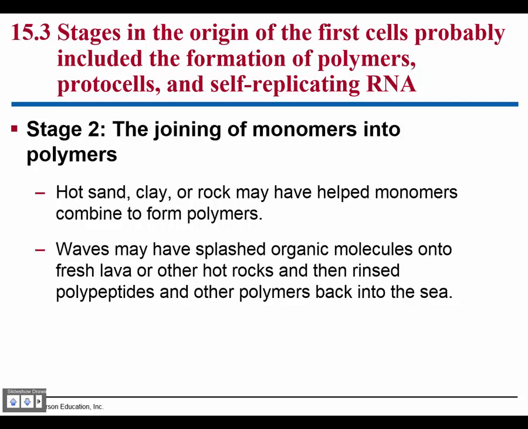So stage two, the joining of monomers into polymers. So we have to take those basic units and we have to group them together. So when you have hot sand, clay, rock, any sort of heat, it can help that happen because it provides energy for chemical reactions. And when you have waves bring those onto hot rocks, then you can get polypeptides.